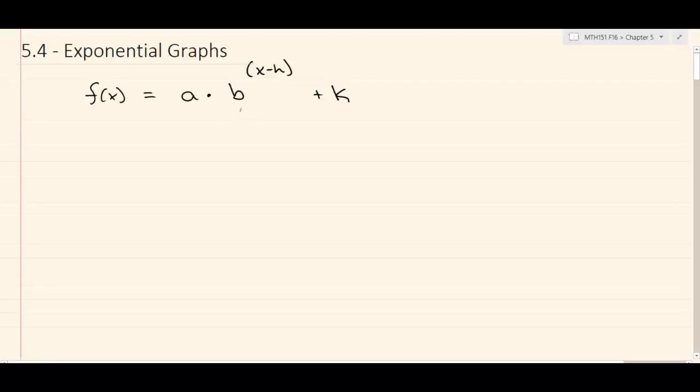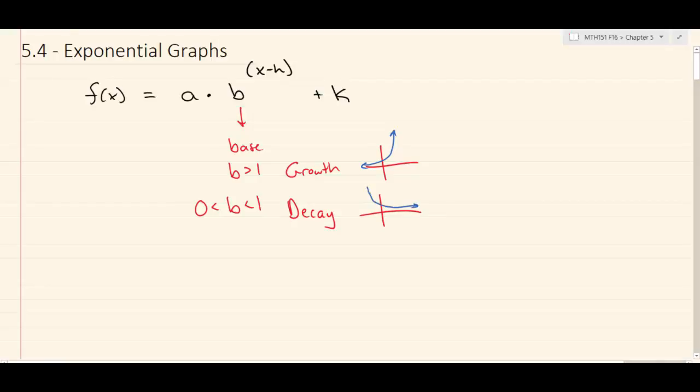If we elaborate on the base, we talked about last time how if your base was greater than 1, then you have exponential growth, and that graph looks something like this. We also said if b is between 0 and 1, you have exponential decay, and that graph looks like this in general.